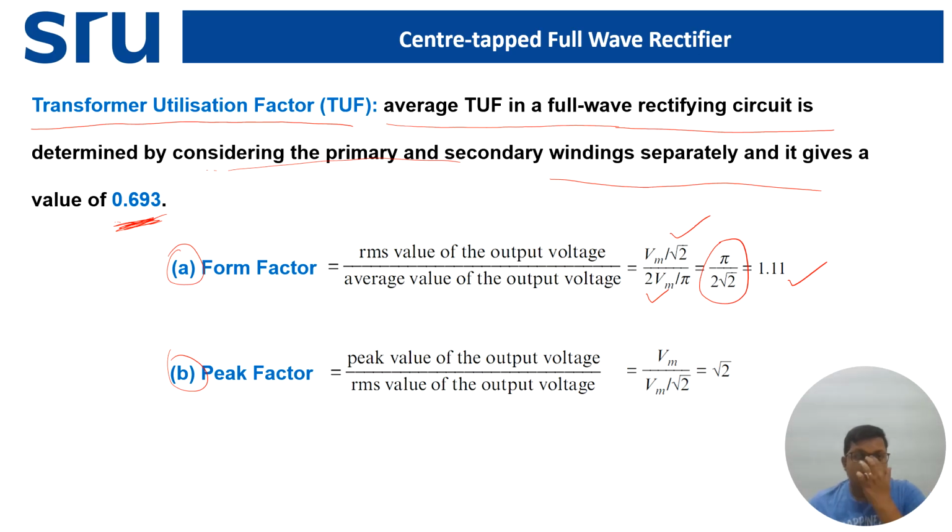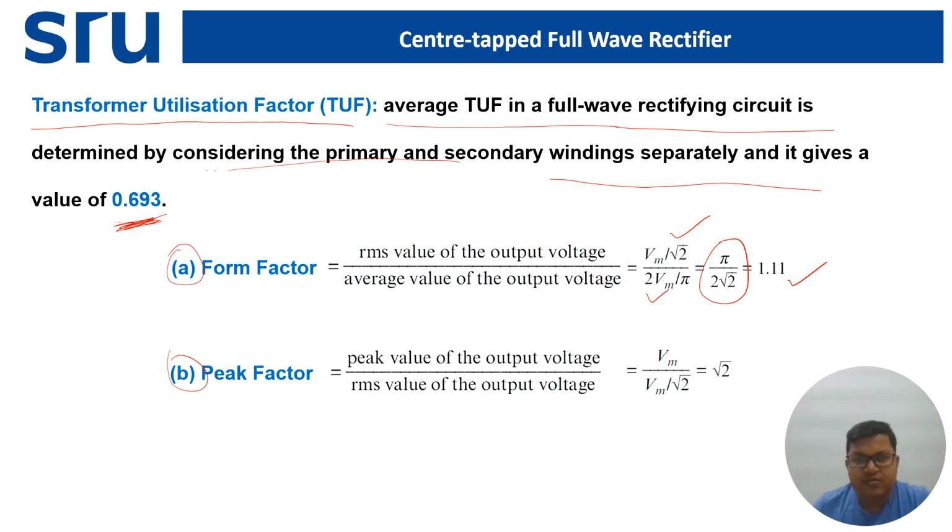We will also see the peak factor. The peak factor is basically the ratio of the peak value of the output voltage and the RMS value of the output voltage. Here also both are output voltage, but one is the peak value and the other is the RMS value.